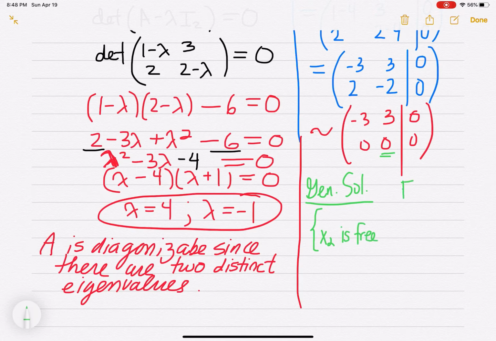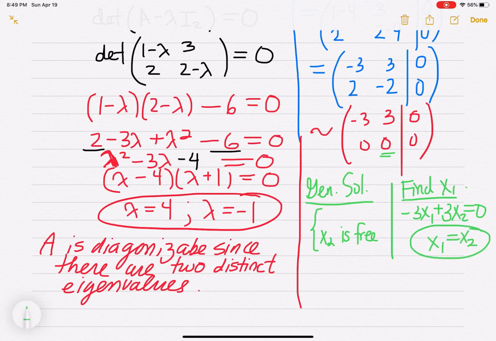We need to find x1 in terms of x2. We got negative 3x1 plus 3x2 equals 0, so x1 is equal to x2.